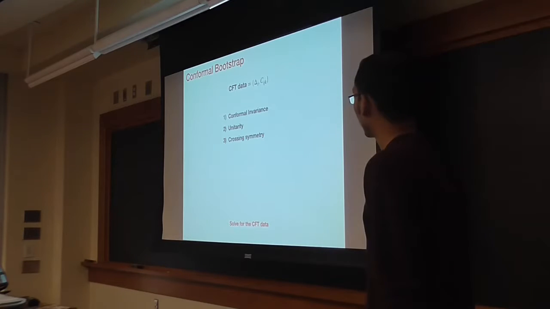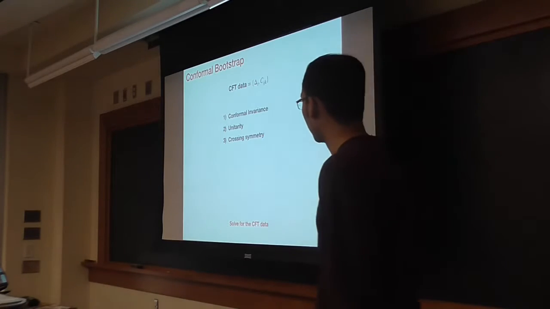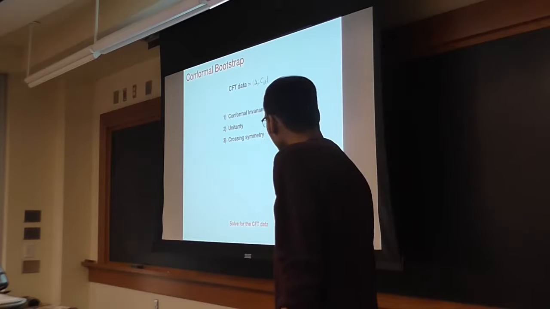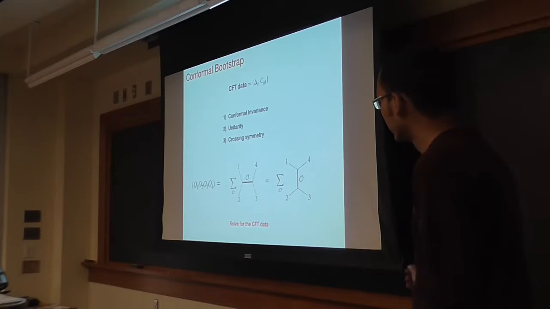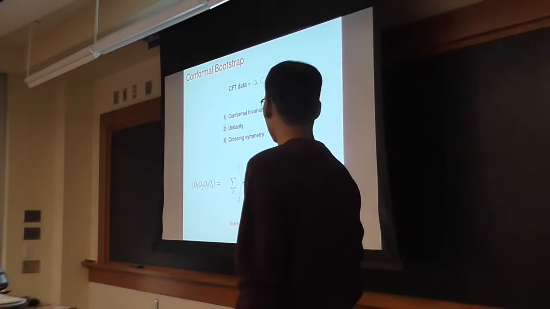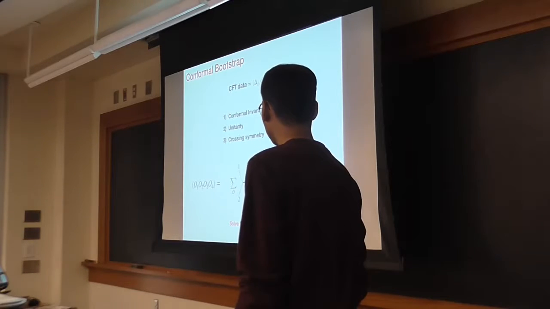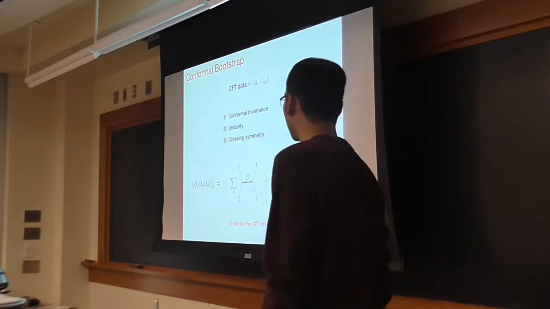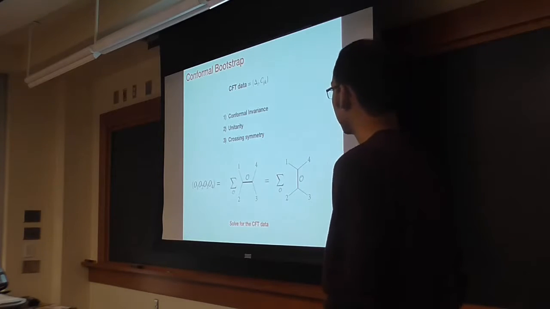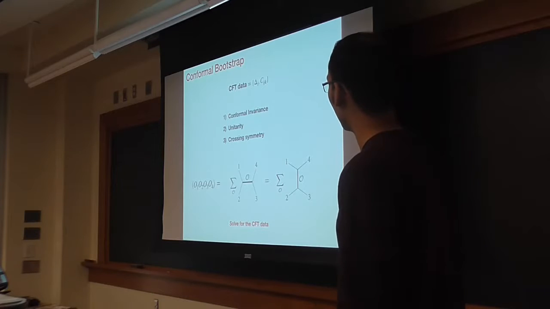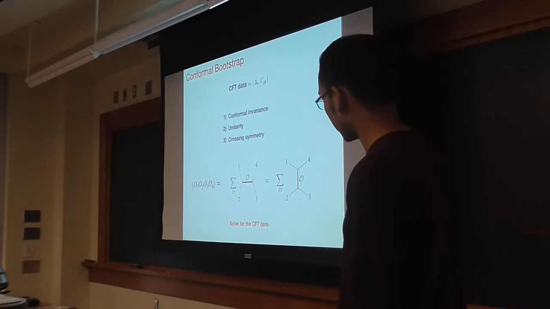For example, it should be conformally invariant, unitary, and crossing symmetric. Then you take generally a 4-point function, you impose all these conditions, and magically sometimes it tells you that only a finite number, or a subset, of all CFTs is consistent with the starting condition that you imposed on the CFT.